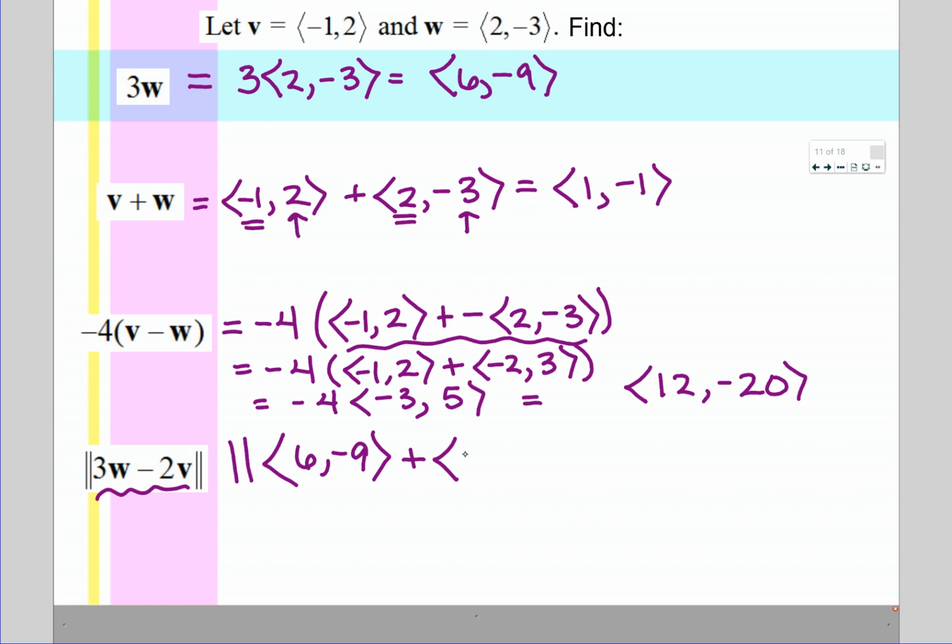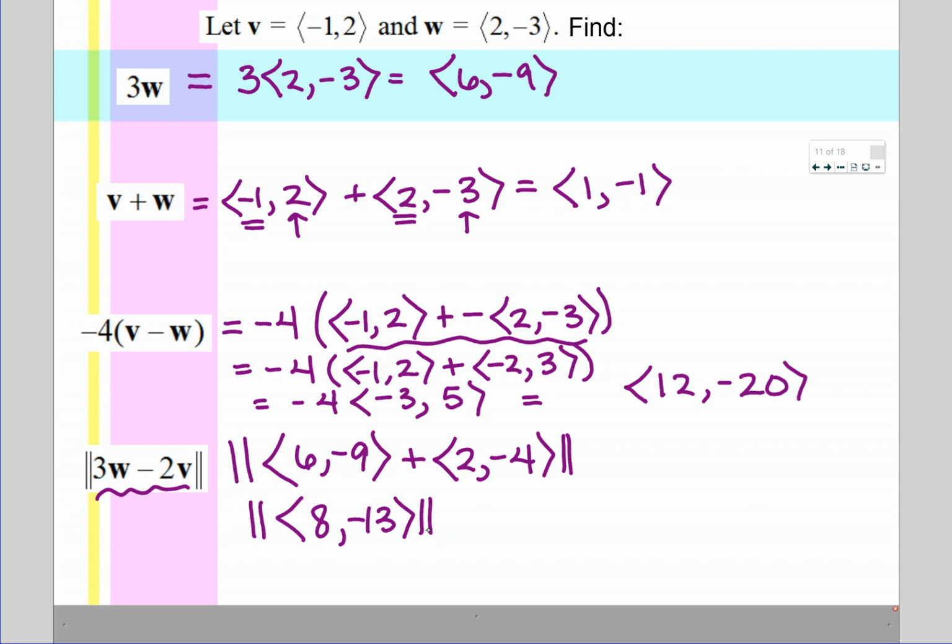So that would give me a +2 and a -4. Okay, so 3 was distributed into w, -2 was distributed into v. Combine your like components. 6 and 2 give me 8, -9 and -4 give me -13. That's the vector. Because I have the bars on either side of it, we take it one step further and find the length of the vector.